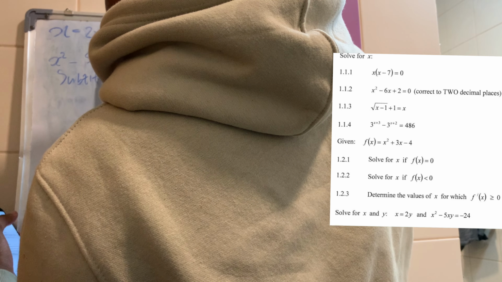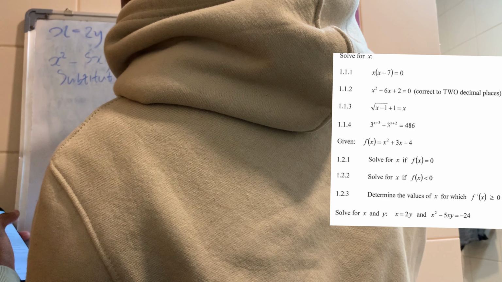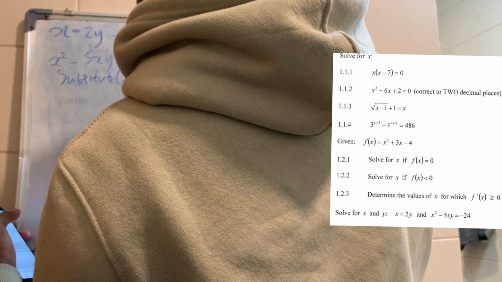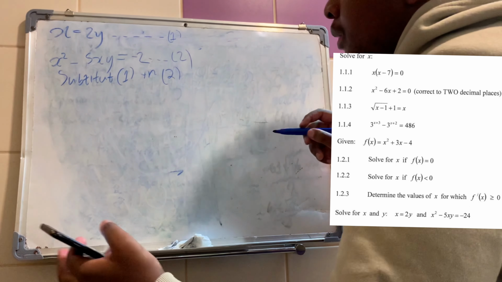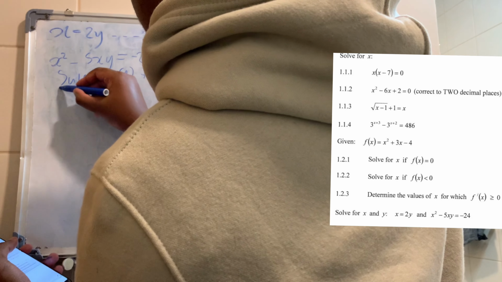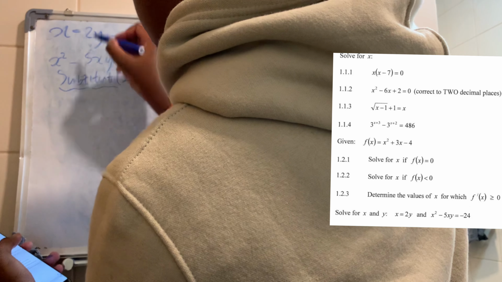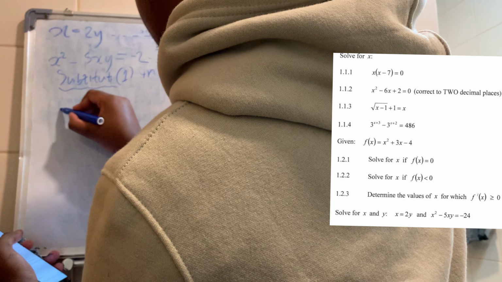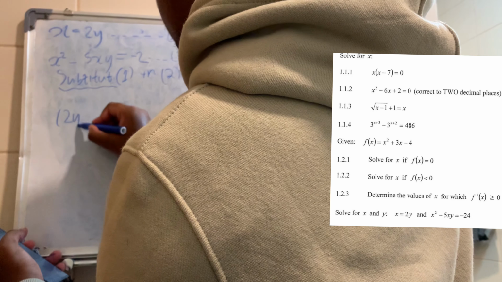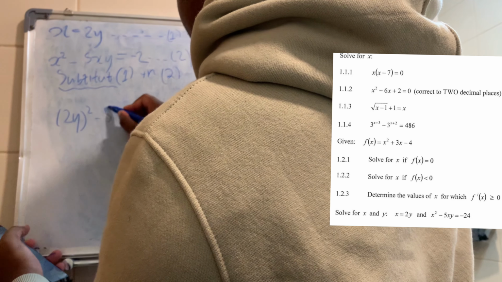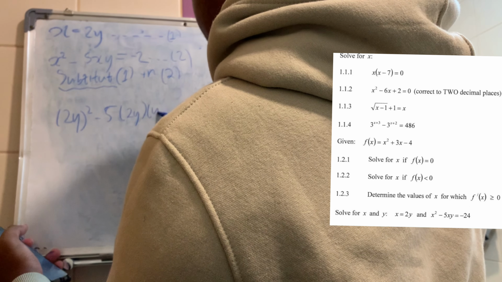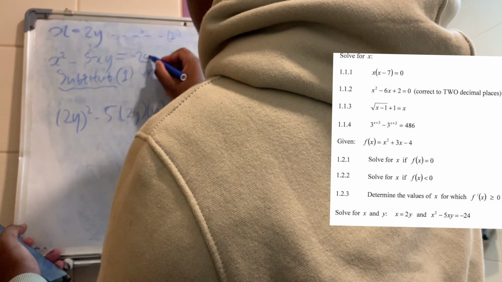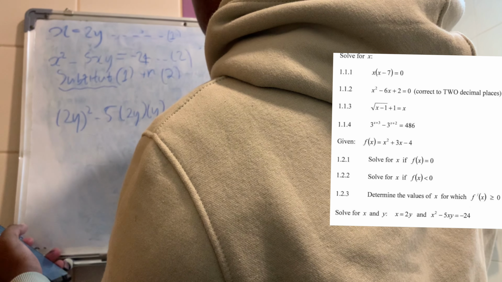So substitute the first equation into the second equation. Then you have (2y) squared minus 5 times 2y times y equal to minus 24.